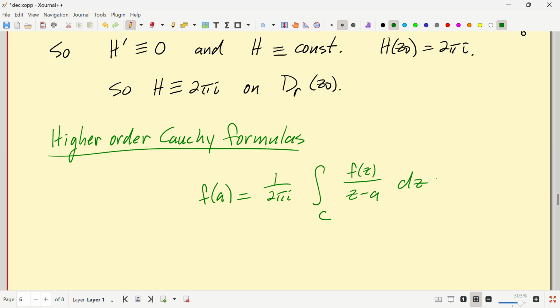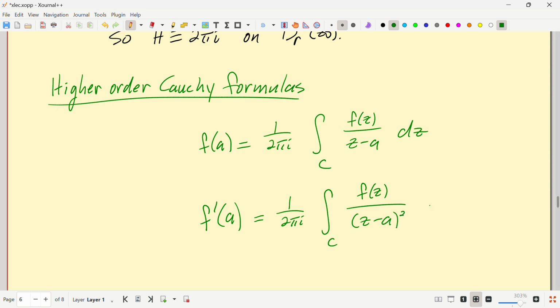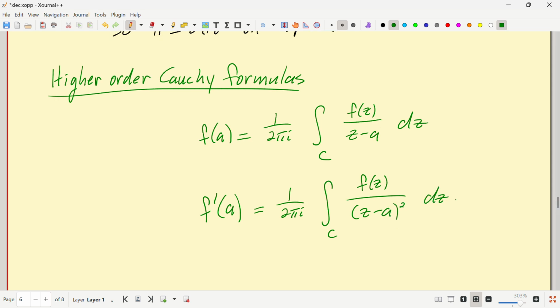If I differentiate it once, I get f prime of a equals 1 over 2 pi i, differentiating under the integral sign once, integral of f of z over z minus a squared dz. And I do it again and again.